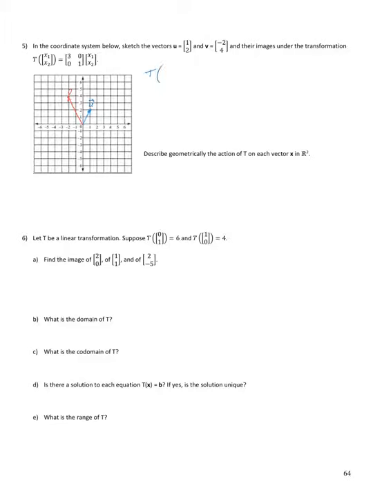T of u is going to be 3, 0, 0, 1 times 1, 2, which will come out to 3, 2. Okay, let's plot that one.